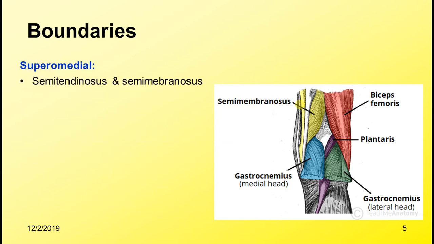So superomedially, semimembranosus and the semitendinosus form the superomedial limit of the popliteal fossa. The superolateral limit is mainly formed by the biceps femoris, the tendon of biceps femoris, which is going to get inserted into the upper end of the fibula.